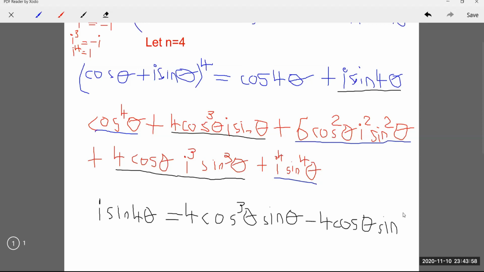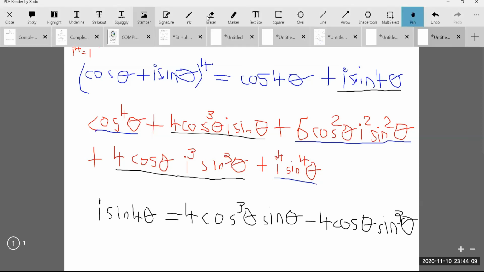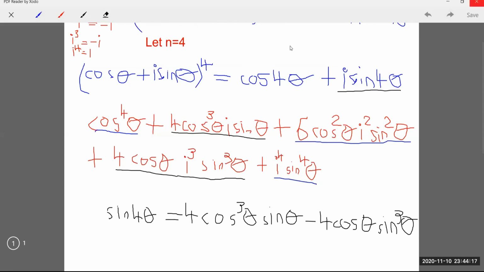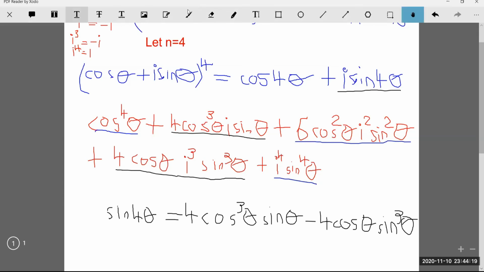So that's what we're getting so far. Now I can put all of this times I, or I can just throw away the I off the left-hand side. Let's just get rid of that I. So we obtain this equation by equating the imaginary part.